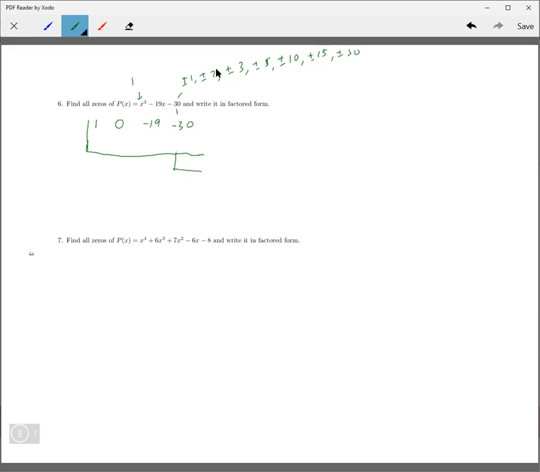Okay, now the objective is I'm going to choose these numbers here, and if it's a 0, then there'll be a 0 right here. Okay, so if I choose 1, for example, then I've got this 1 coming down, multiply, add, multiply, and that's negative 18. Multiply, and that's negative 18. And there's no way that's going to be 0. Okay.